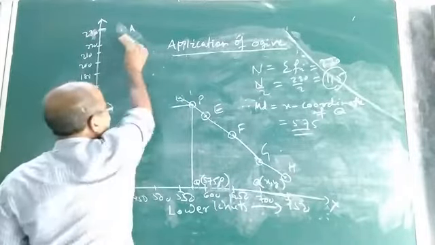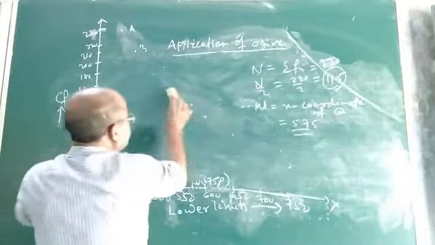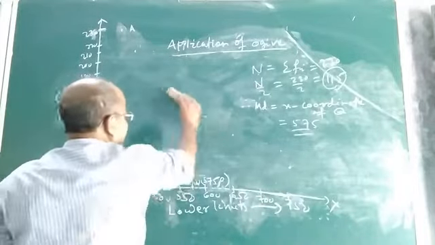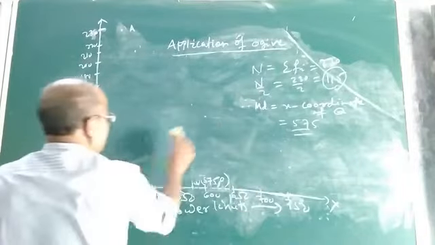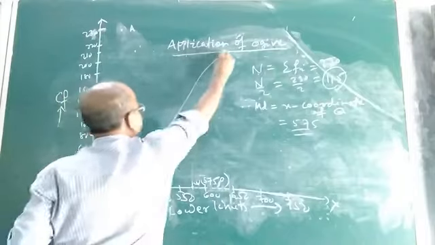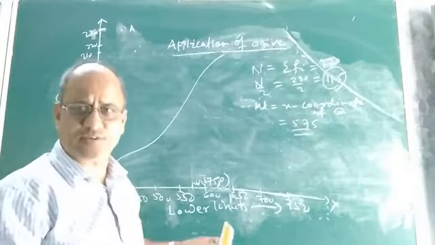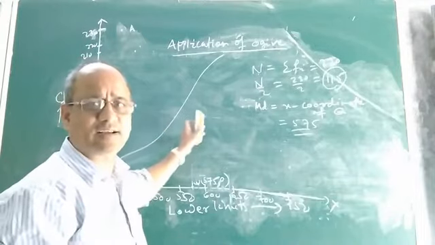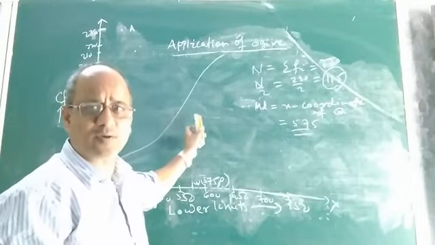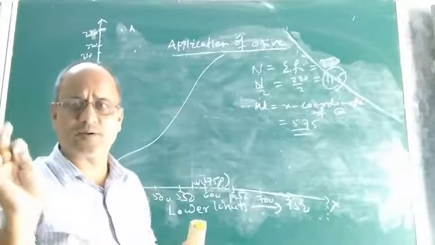See, in less than type, what happens? Suppose this is the less than type curve or cumulative frequency curve or less than type ogive of a particular given continuous frequency distribution.